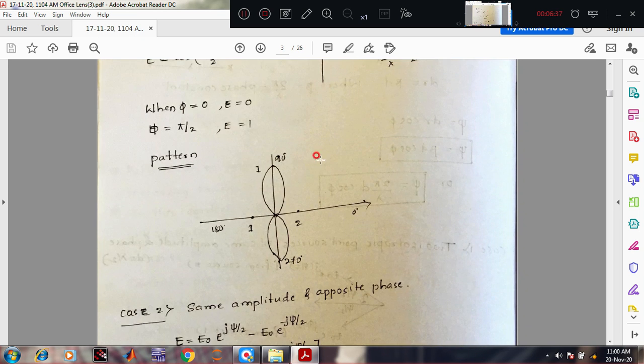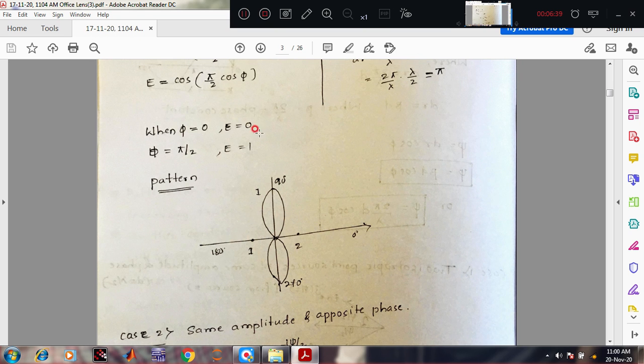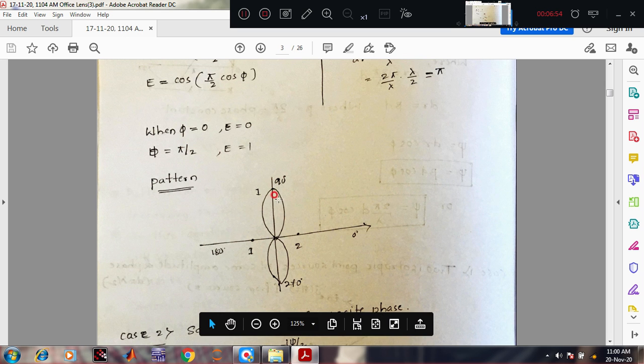So the resultant pattern will be, see, for angle 0, E will be 0, meaning the field will be 0. When the angle is 90 degrees, the field will be maximum. Similarly for 270 degrees, the field will be maximum.